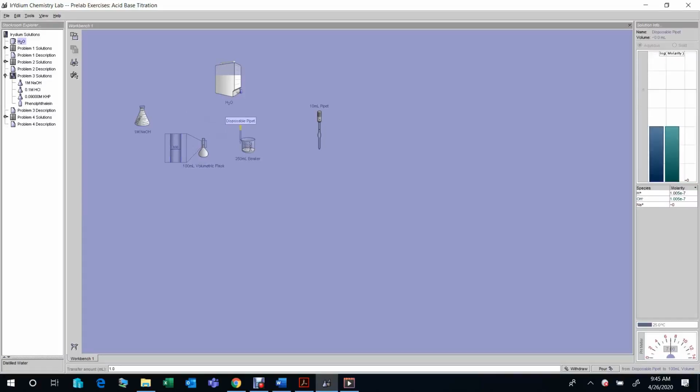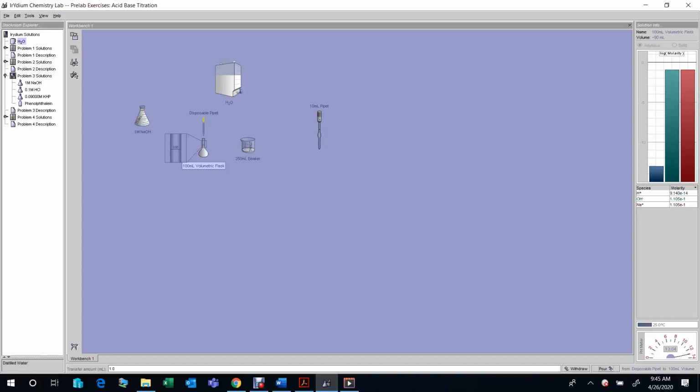Then we need to keep adding. 1.0, withdraw, 1.0, pour, withdraw 1.0 milliliter. You see, for the accuracy, we cannot put 1.00 because the pipette cannot reach that level. And then we do withdraw, and then we do pour.